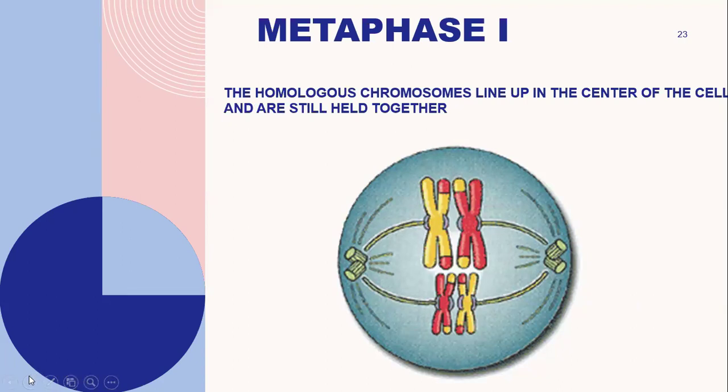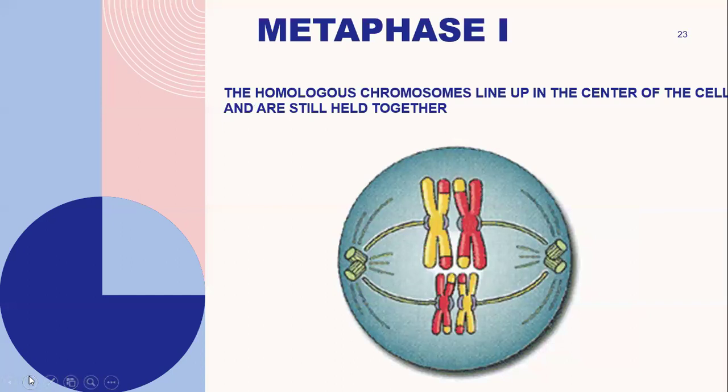Then we have metaphase 1. So in metaphase 1, homologous chromosomes are going to line up at the equator, or they line up at the center of the cell. So we note that the centromeres of the homologous chromosomes are going to be attached to the spindle fibers, okay?